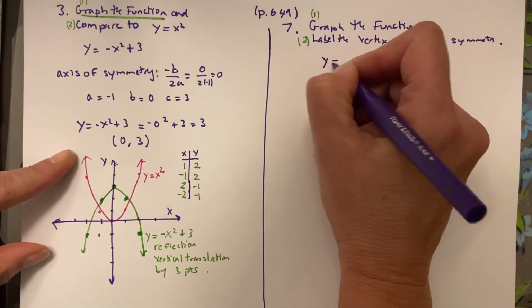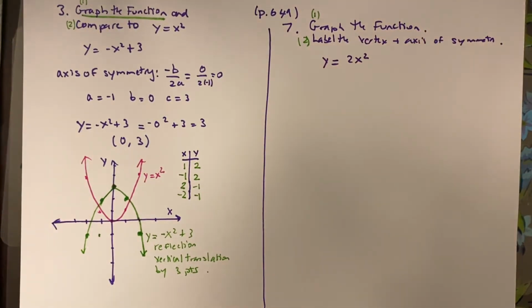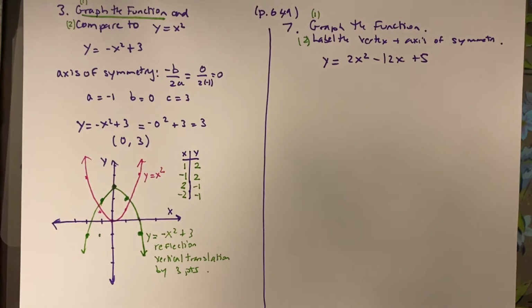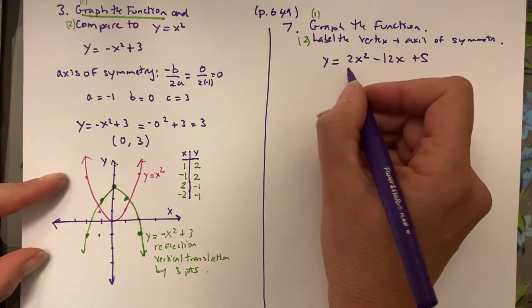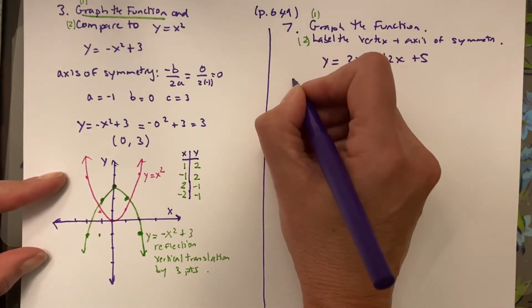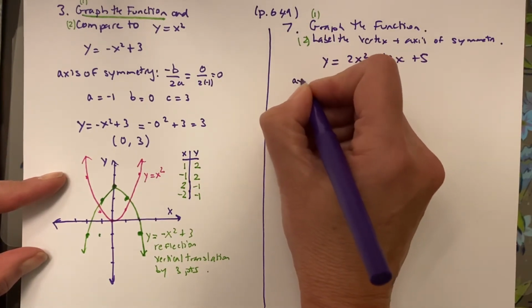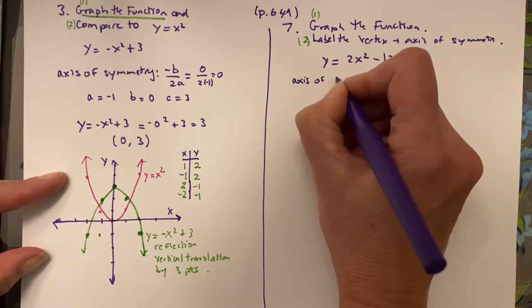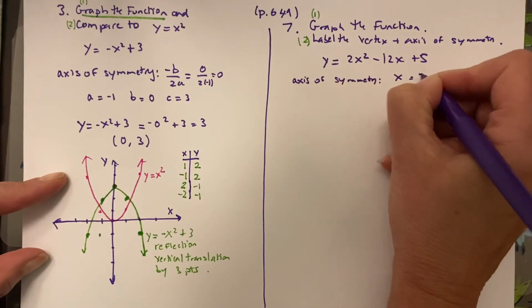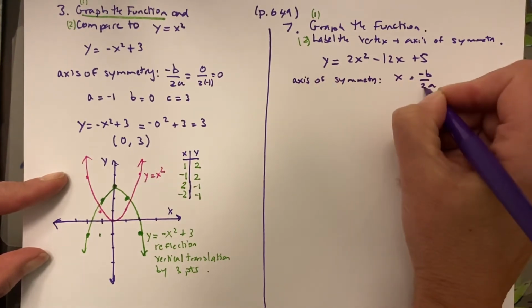So y equals 2x squared minus 12x plus 5. All right, again, I'm going to start with the axis of symmetry since I need to find that anyway. So my axis of symmetry: x equals negative b over 2a.